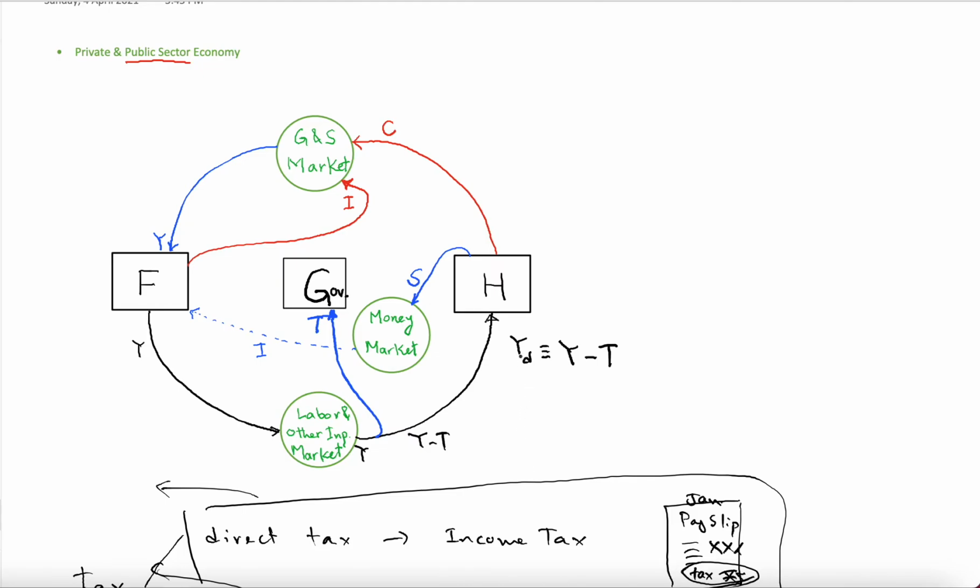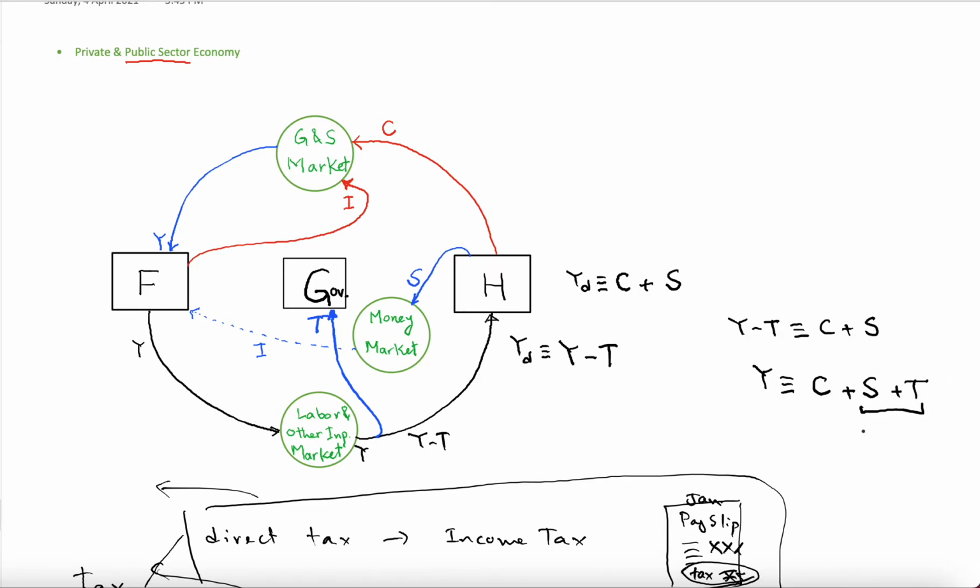And we also know that the disposable income is either consumed or saved. So if you equate these, Y minus T is equal to C plus S, it means that national income is either consumed, saved, or taxed.